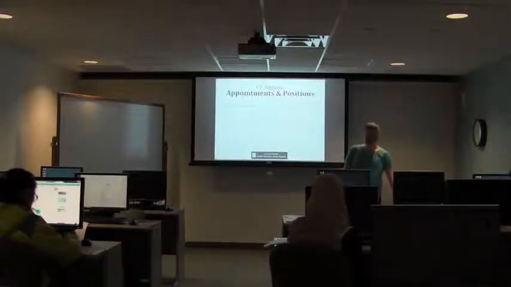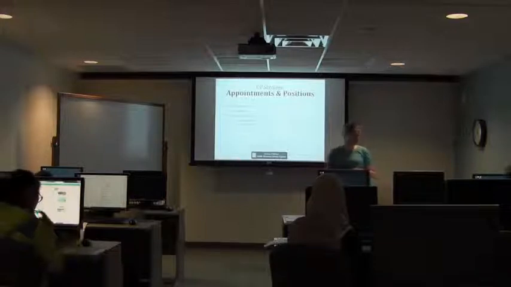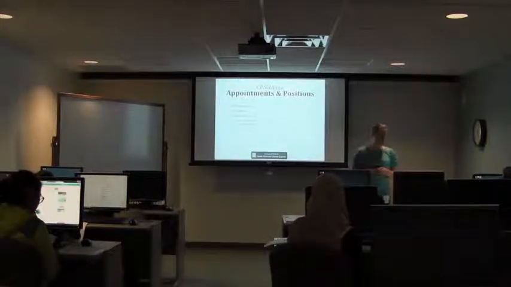So the next section would be something about appointments and positions. There'll be academic and non-academic. Usually in this section you would include military service or other government positions. Again, as in most of these sections, you're going to include the years, the name, location, and a rank and title.